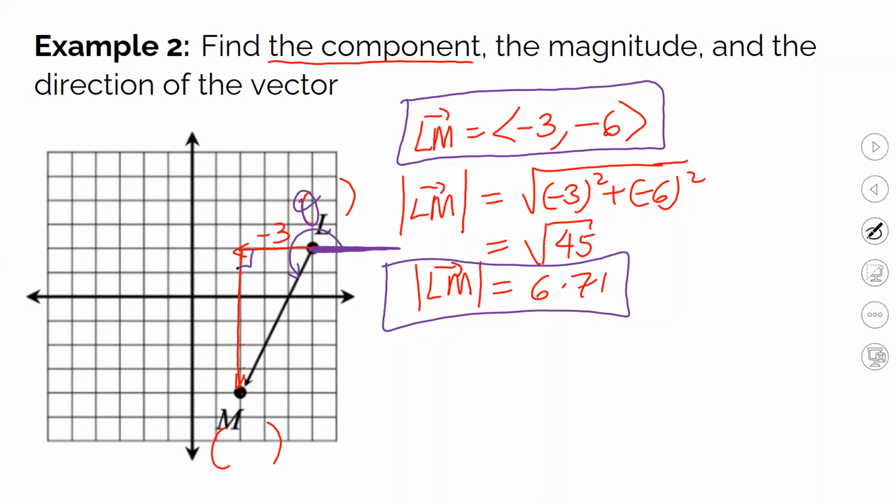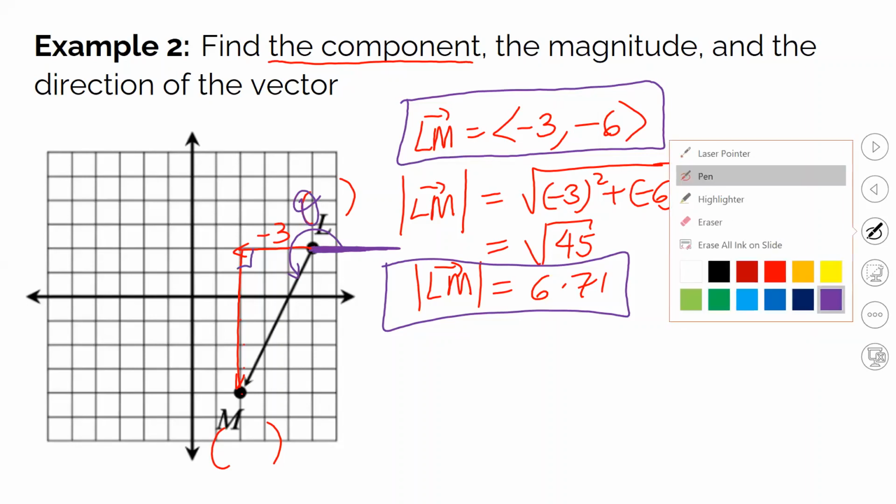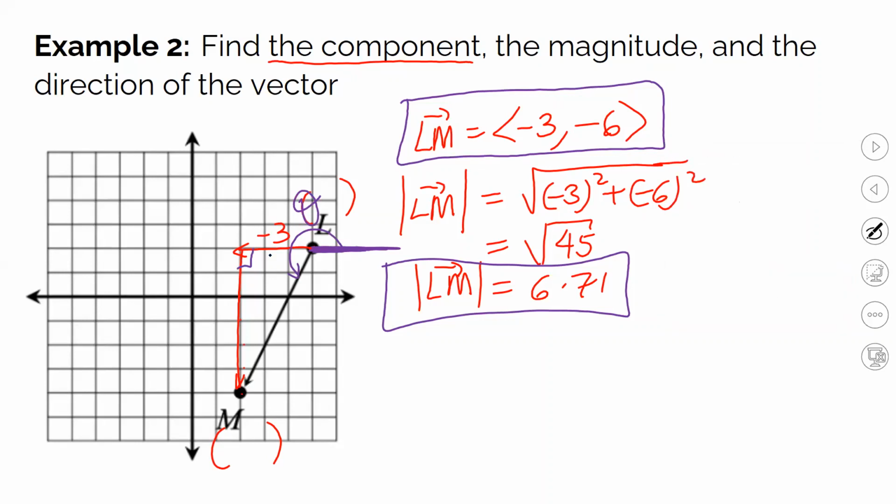So what we can do from the right angle triangle is to find this, let's call it angle beta. So again, tan of angle beta is going to be -6 over -3, opposite over adjacent, because this is -6.